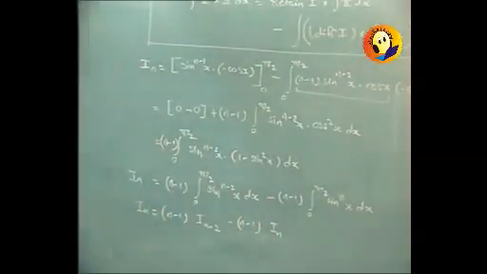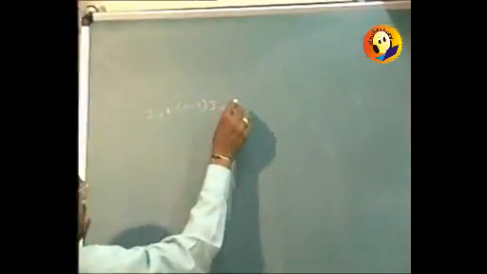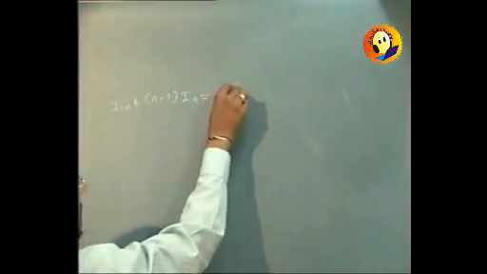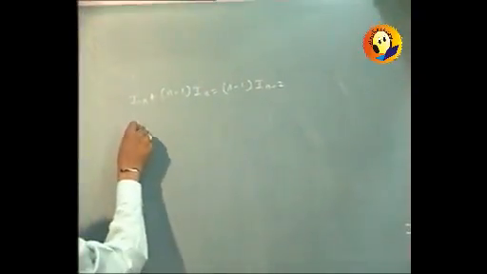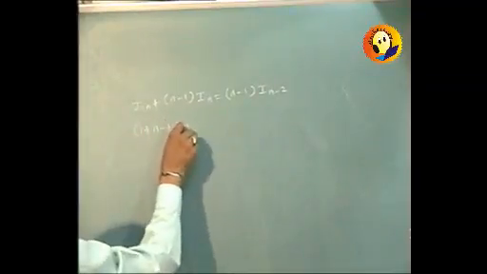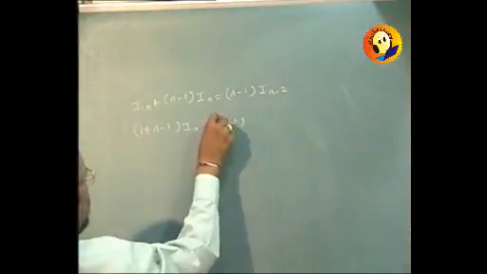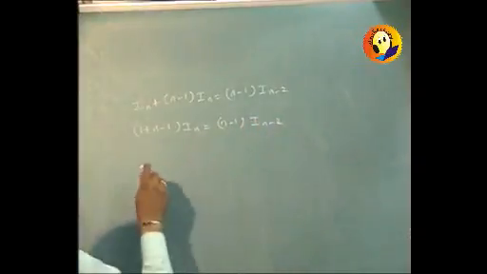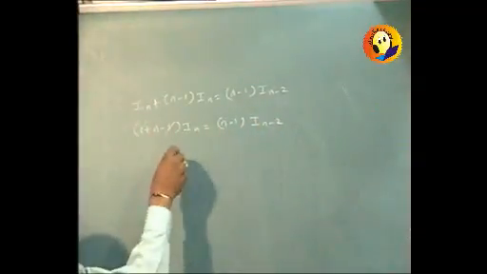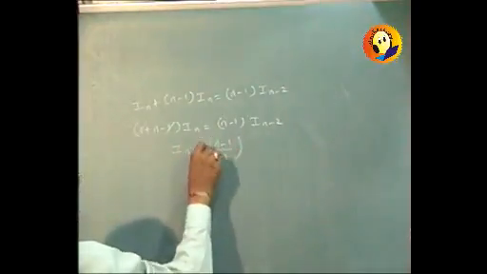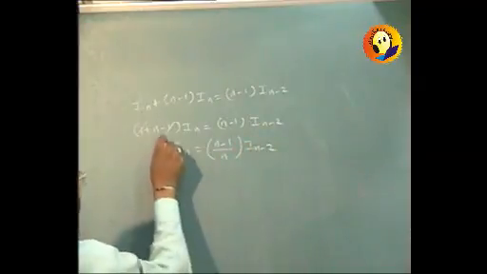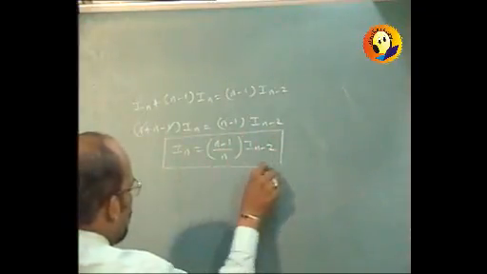So collecting the terms of In on one side, we can write it as In plus n minus 1 In is equal to n minus 1 times I(n-2), and so it will be 1 plus n minus 1 times In is equal to n minus 1 times I(n-2). This 1 cancels and n can be taken on the right hand side. It is In equal to n minus 1 upon n times I(n-2).